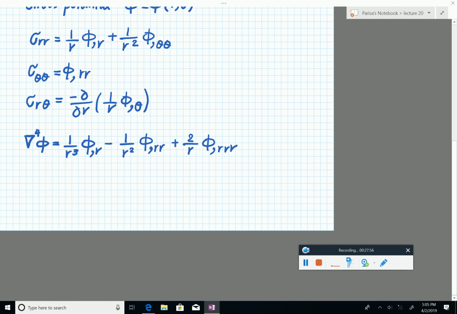So we have 8 terms. So 1 over r cubed, partial derivative with respect to r, and then 1 over r squared, and 1 over r. So you see, there is a beautiful order here.